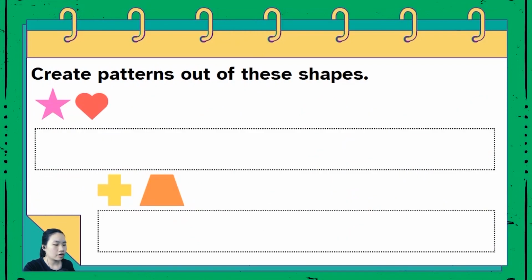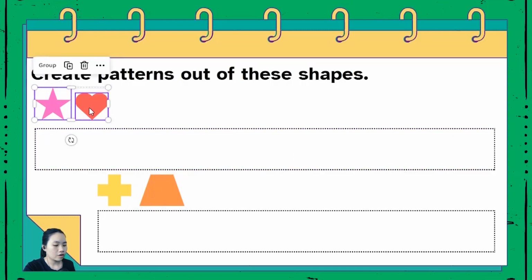Now on to the last part of the lesson. We can create patterns out of these shapes. Now I have a star and a heart, and then I have a plus sign and a trapezoid. Now, since we're given only 2 objects, it's very easy to create patterns. You know, it's just 1, 2, 1, 2.